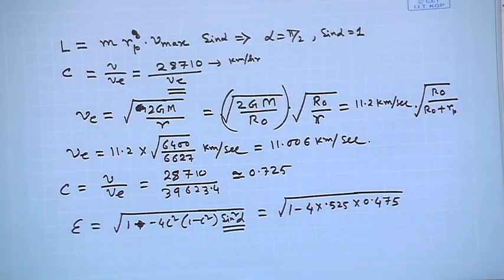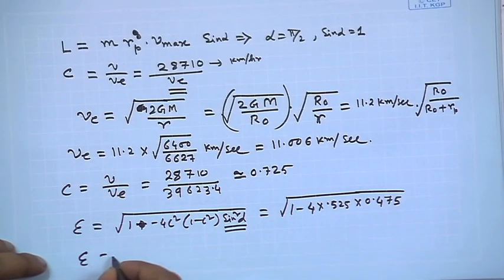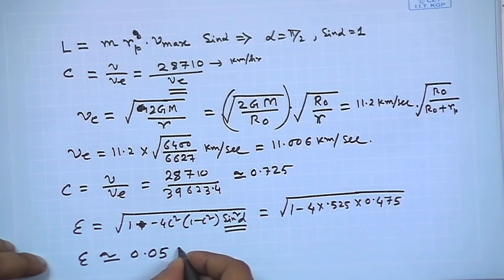So, if we execute this, 0.525 into 4 and plus 1, and if we take the root of this, the eccentricity epsilon is approximately equal to 0.05.